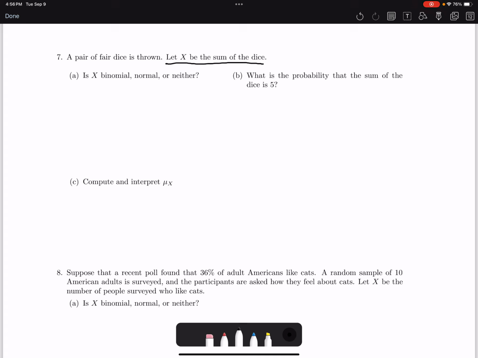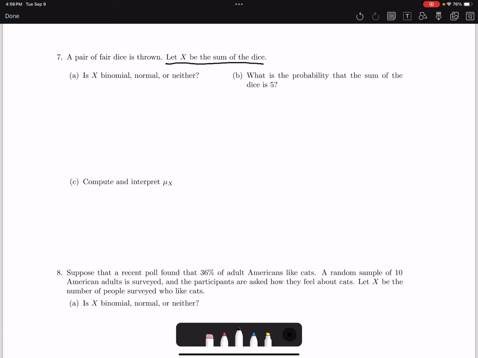The problem doesn't say it's normal for one thing, but for another thing, a normal distribution is a continuous distribution, which is something that's measured. The sum of the dice is not measured, it's counted, right? When you roll a die, you count up the number of pips, right? The number of little dots on the die. So we get these values by counting, which means x is a discrete distribution, so it's not normal.